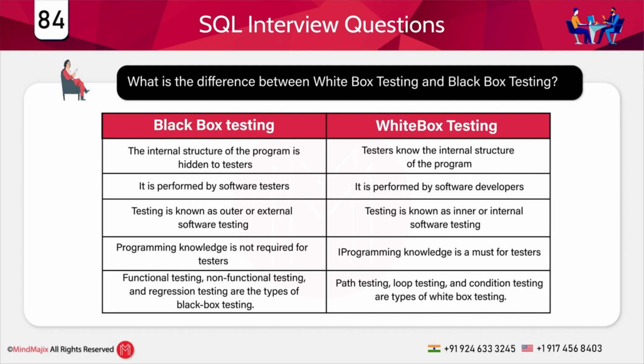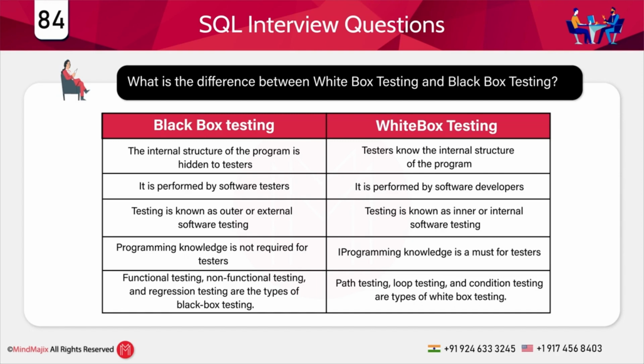In case of black box testing, it is performed by software testers, and white box testing is performed by software developers. Black box testing is known as the outer or the external software testing. White box testing is known as the inner or the internal software testing. In case of black box testing, programming knowledge is not essential for the testing candidates.